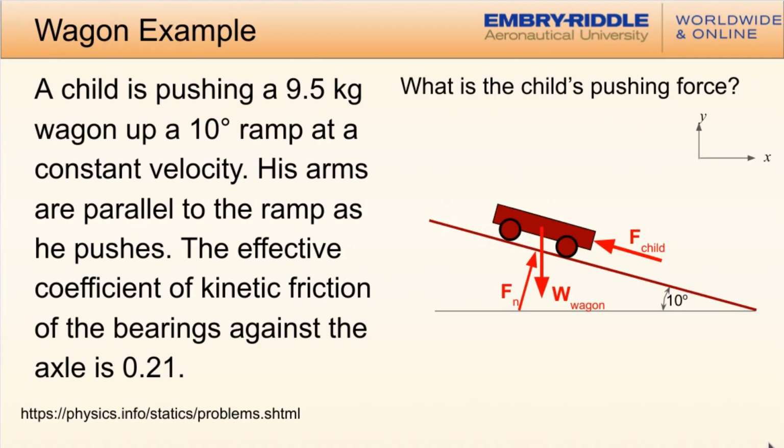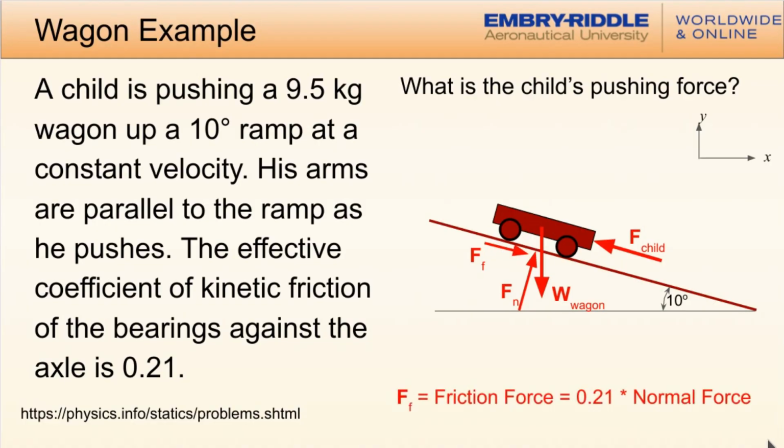We also know the ramp is going to push up on the wagon, so we have a normal force, Fn, and we have a friction force. Now the wagon doesn't need to be anything special. Again, keep it simple, enough to recognize what things are, but you don't need to repeat the drawing given with the problem.